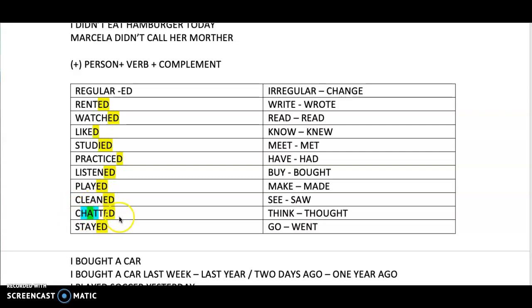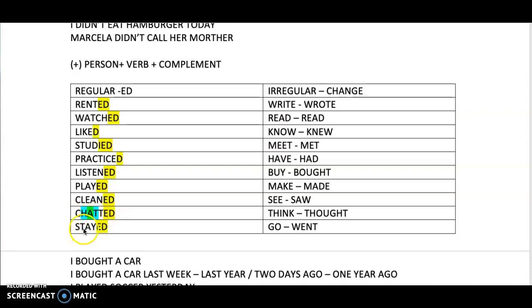Now, chatted, you have to pay attention because we have the verb chat. And because this is consonant, vowel, consonant, you duplicate the last letter, okay? So you have chatted with double T.